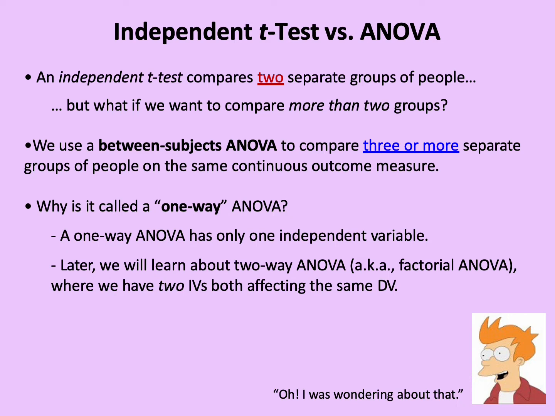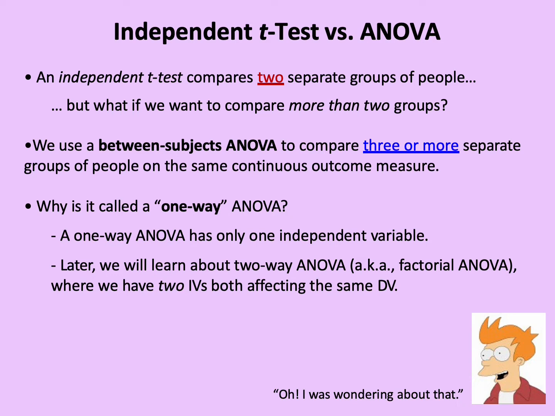Okay, so a couple of things. Why do we call the between subjects ANOVA a one-way ANOVA? Because we are comparing all 3 groups on a single independent variable. So we have one independent variable and one dependent variable.